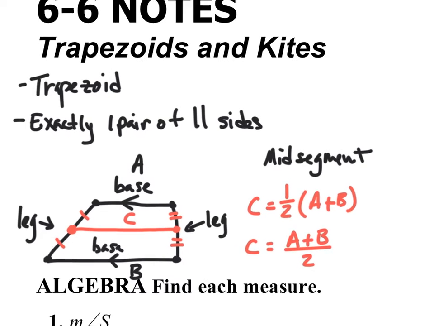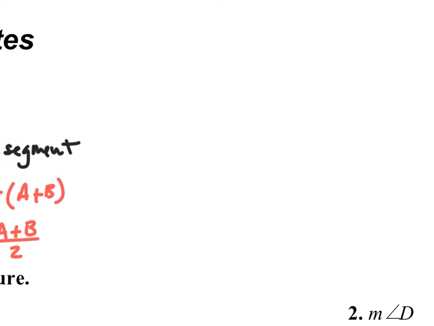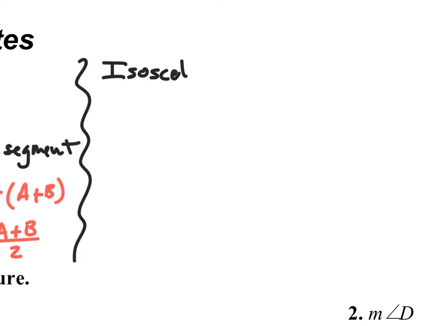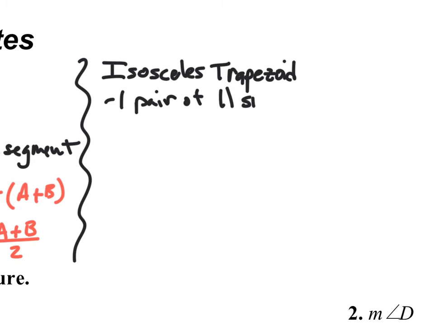Now we have a special kind of trapezoid, and it is called an isosceles trapezoid. An isosceles trapezoid is a trapezoid, okay? And it has one pair of parallel sides, just like any trapezoid does.